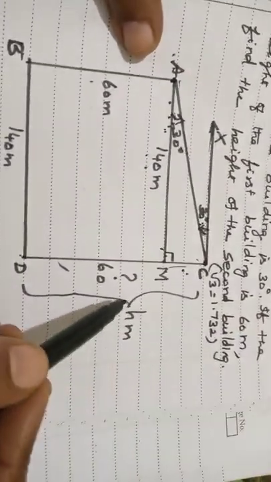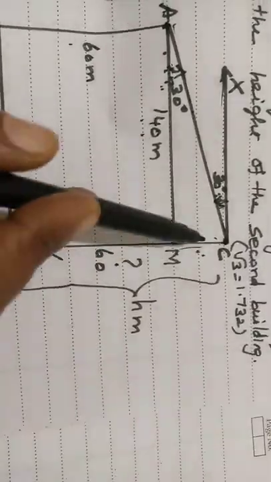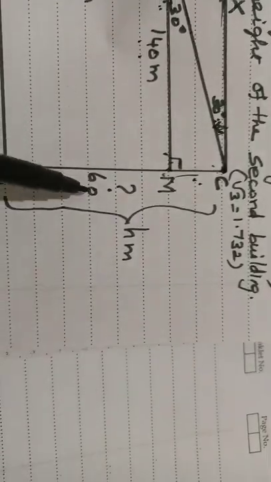We have to find the height of the second building, meaning CD we have to find out. This MD we have 60. So CD only we have to find out. From here we can write CD equal to CM plus MD. CM is 80.83, MD is 60. If we add both values we get the answer.